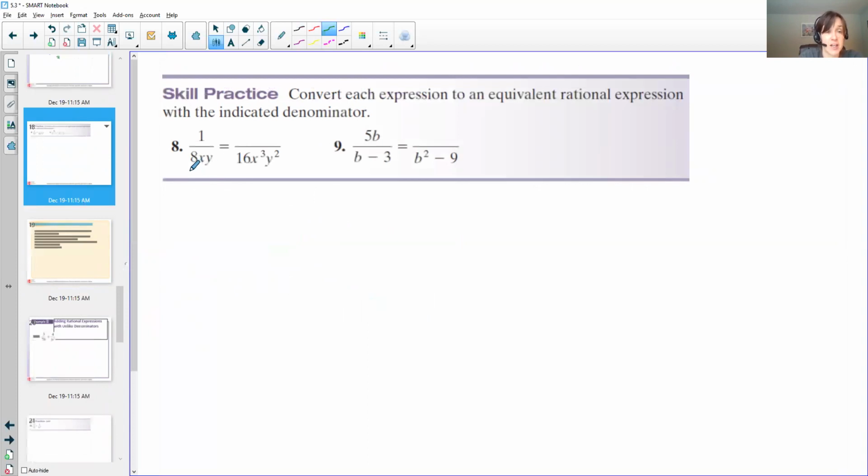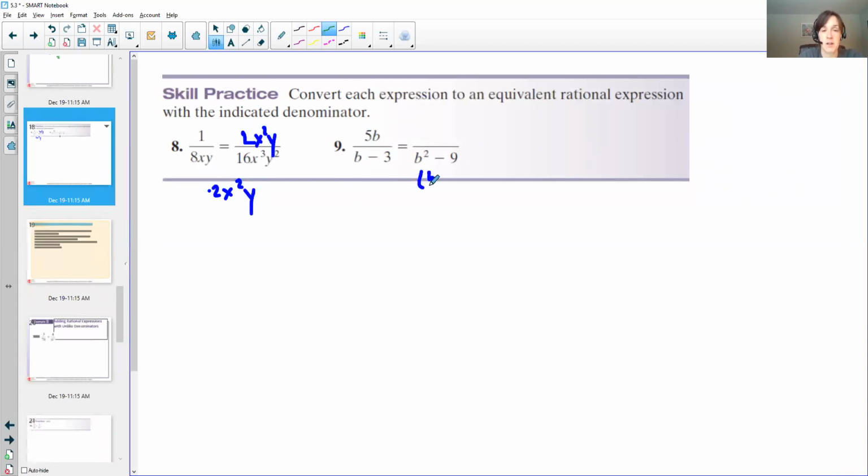All right. So how do I turn 8xy into 16x cubed y squared? Well, I need to multiply by 2 to make 16. I need 2 x's. And I need 1 y. So that gets me 2x squared y. All right. Now I need to turn 5b over b minus 3. What is this? This is a difference of squares, right?